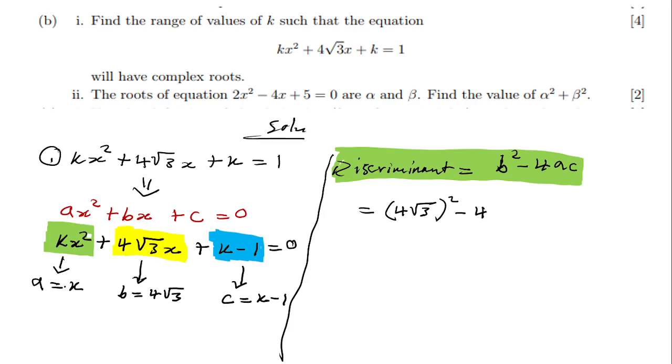From here you can find that a is simply k, and then what is your c? C is k minus 1. So you write k minus 1, and then like that.